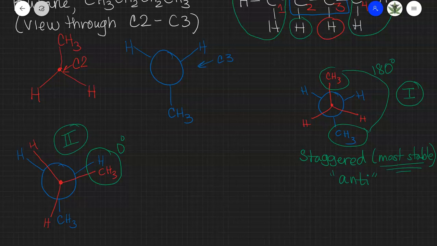And when I rotate, I go to the eclipsed conformation. And remember, we said eclipsed compared to staggered is the least stable. Leaving that back carbon the same, and rotating that front carbon again.